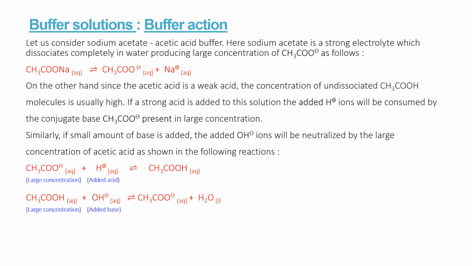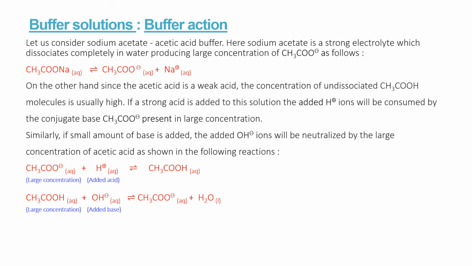Means if you take an acidic buffer solution, what happens? Your sodium acetate is a strong electrolyte, so it dissociates into acetate ion and Na+ ion. At the same time you have acetic acid, which is a weak acid, a weak electrolyte, so it has a large amount of acetic acid in undissociated form.